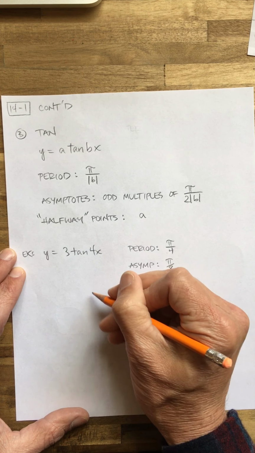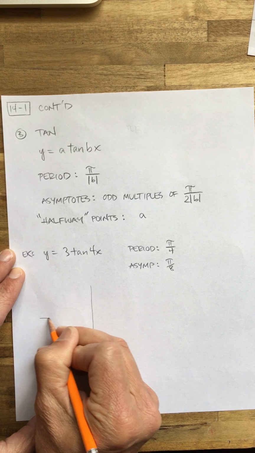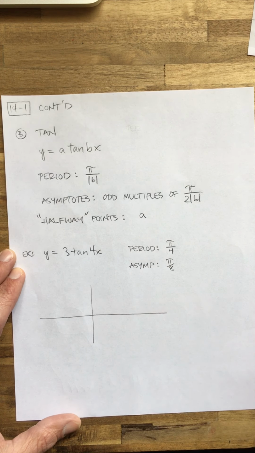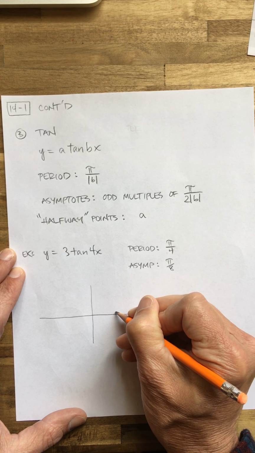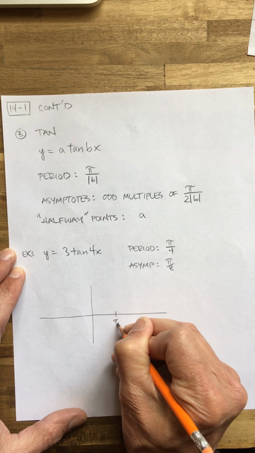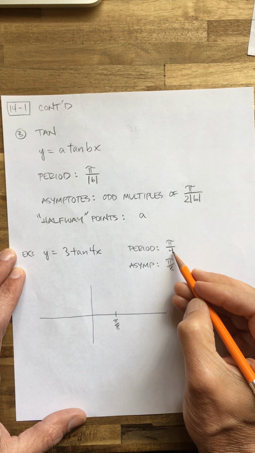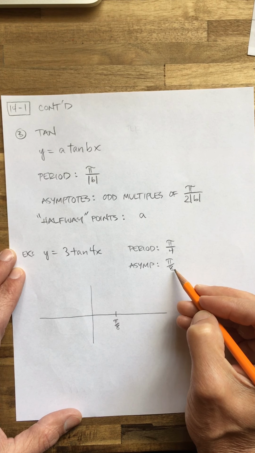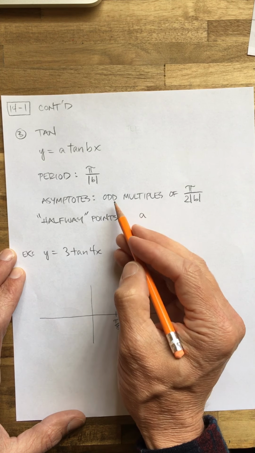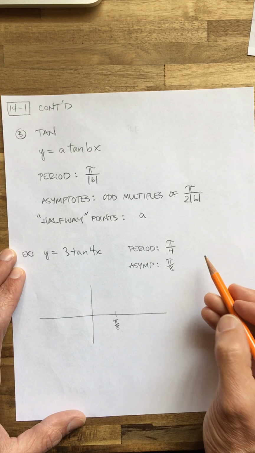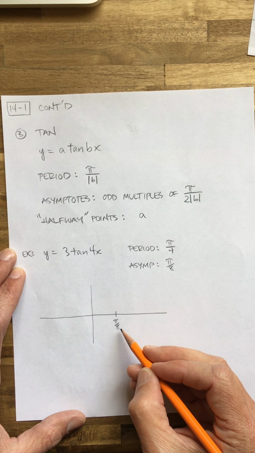So watch what I'll do. I'll just draw my graph, okay? I know I have an asymptote at pi over 8, so I'm just going to put pi over 8 right here. Basically just take this period and cut it in half, so you get pi over 8. And then now multiply it by odd numbers. So what's pi over 8 times negative 1?